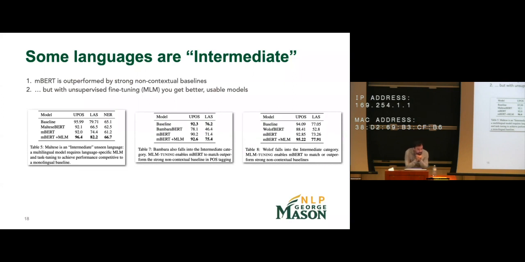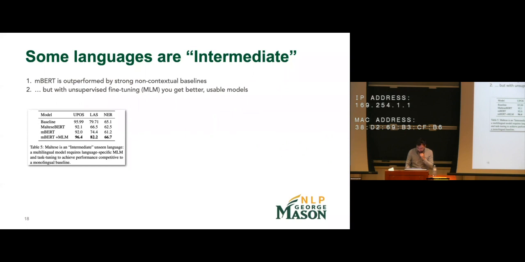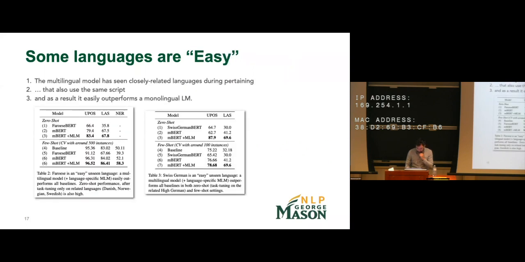Yes? To the easy languages? Easy, but the German numbers look really bad compared to Wolof. I'm a little surprised. Right. So yes, but I categorize them not based on the absolute numbers, but based on whether you should just use the multilingual model, or what is the best way to use a multilingual model, versus it's actually better to use a baseline, a monolingual model trained from scratch.